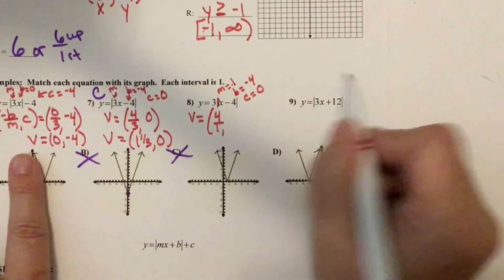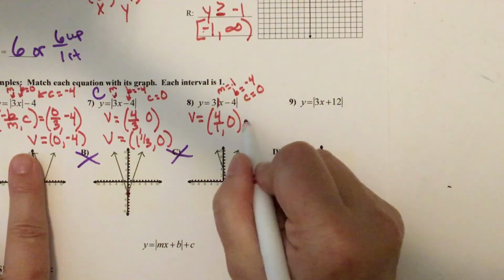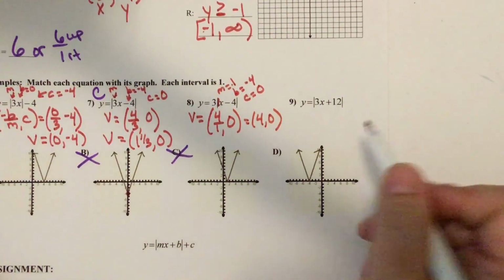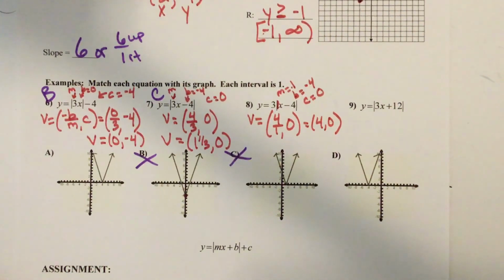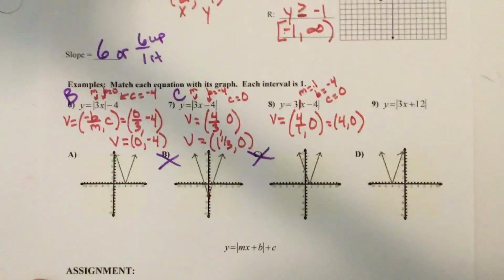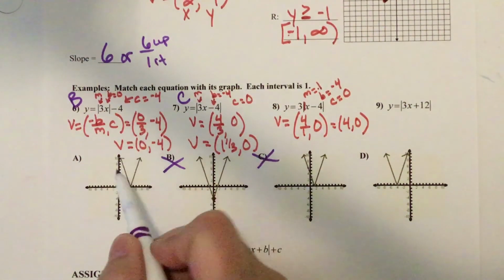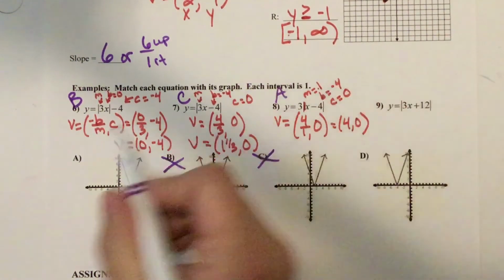And who's C? 0. Well, what's 4 divided by 1? 4. So 4, 0. Well, which of these pictures has a vertex at 4, 0? A does. A goes right 4 and stays put. So this is answer choice A.